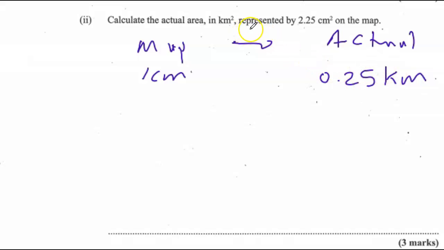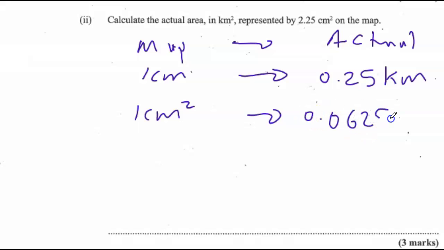We're asked for 2.25, the actual area in km square. So you want the actual area, so we can square both sides. So we square the 1 centimeter, and you get 1 cm square, or 1 square centimeter. We square the 0.25, 0.25 square, that's 0.0625 km square.